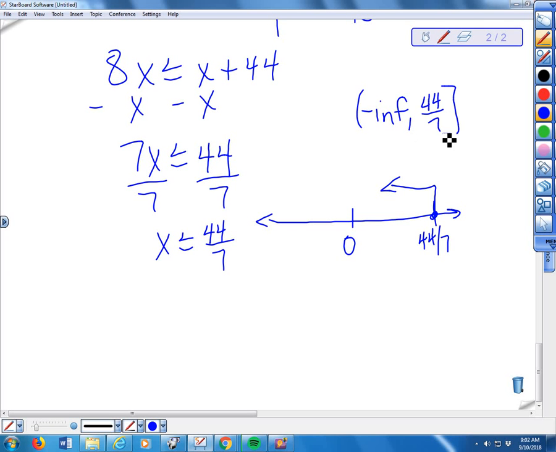Good. Okay, if the arrow was going the other way, how would I write that? Good. Good.